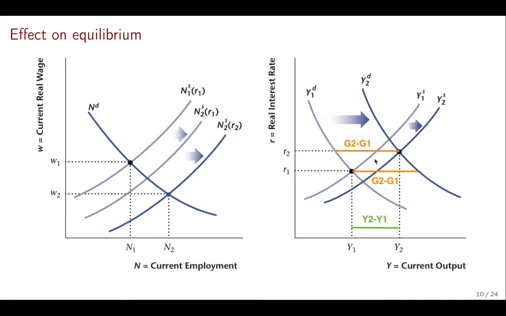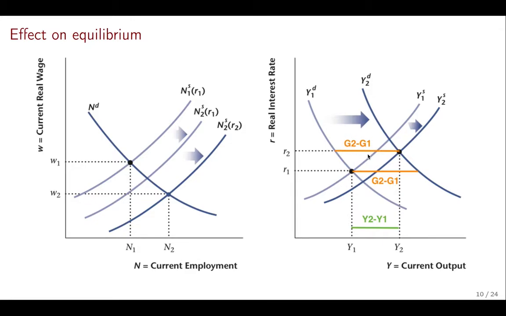And that is true for any horizontal line. A horizontal line here signals a constant level of interest rate. So for any constant level of interest rate, you are expanding aggregate demand by exactly the change in G.